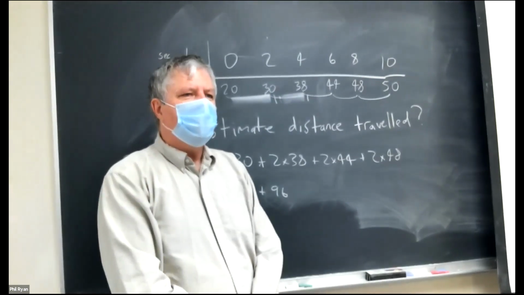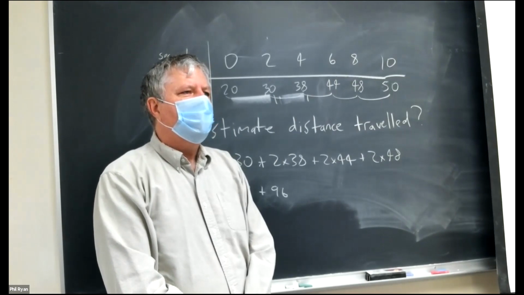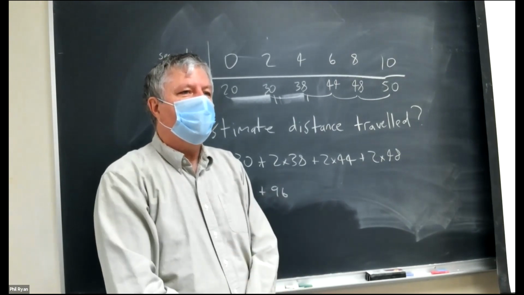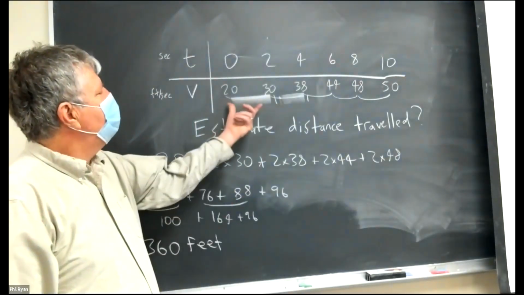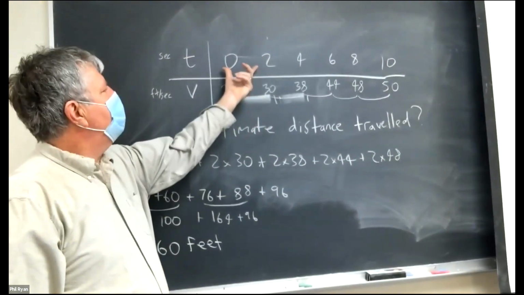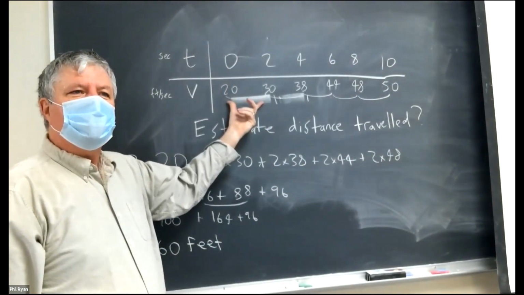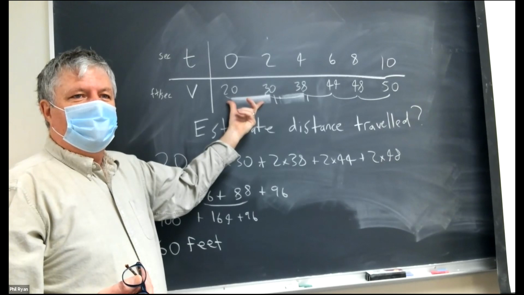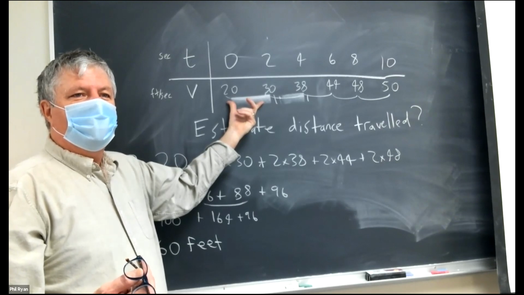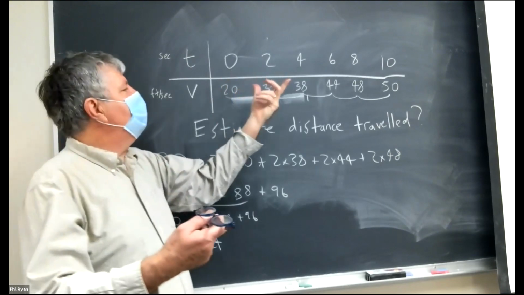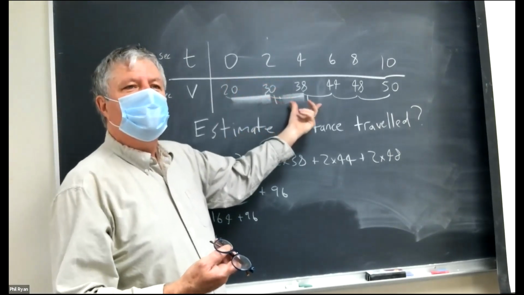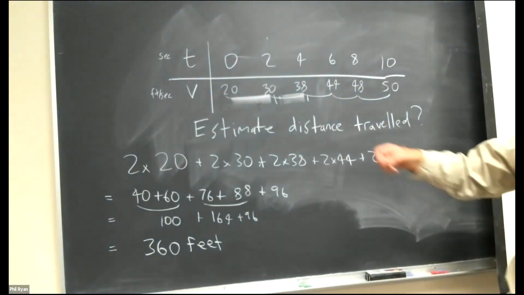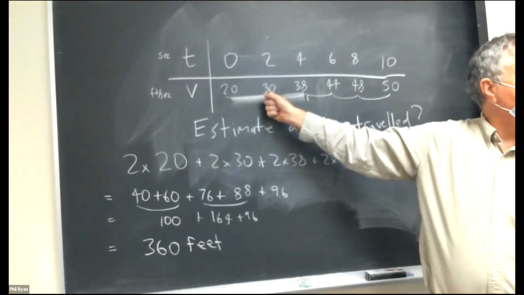Why am I underestimating things? What do you think, Matt? Which number am I choosing? This is the interval between 0 and 2. I had 2 choices, 20 and 30. I chose 20. So what's happening? Yeah, I'm always choosing the minimum speed that I'm going. I could just as well have chosen 30.